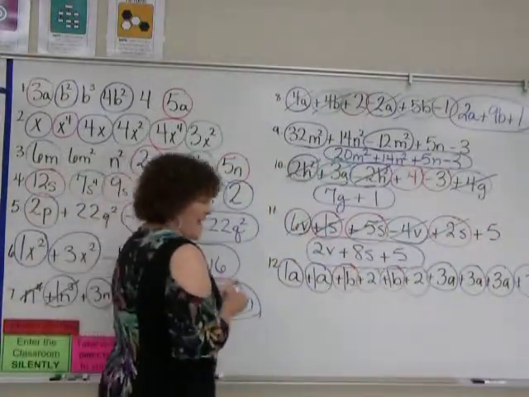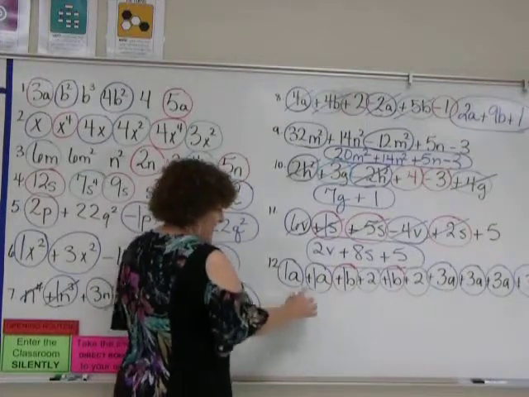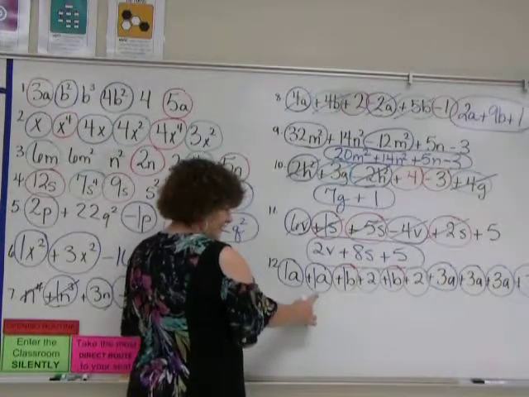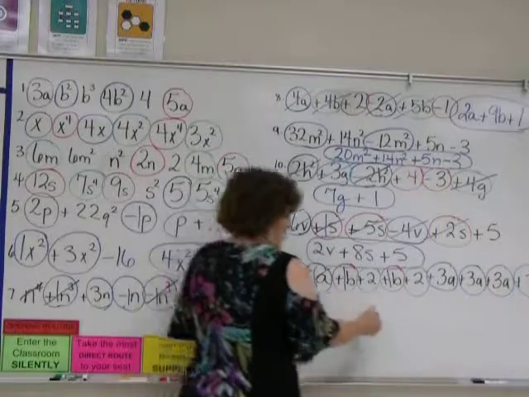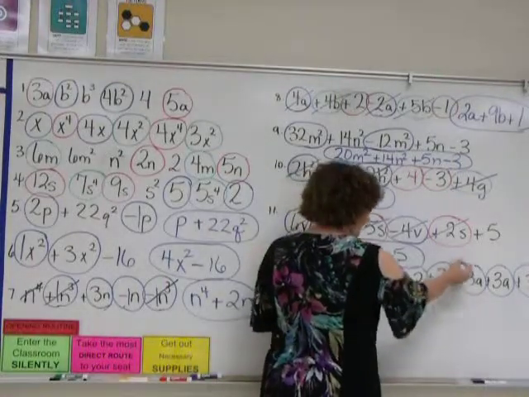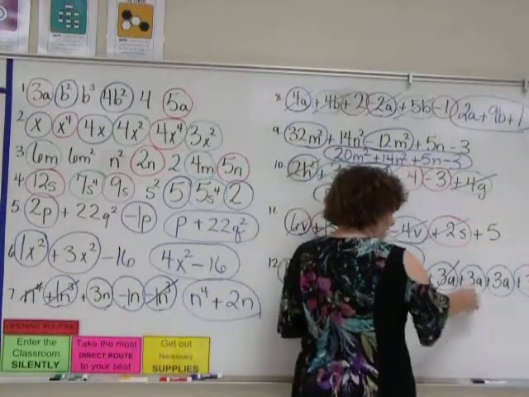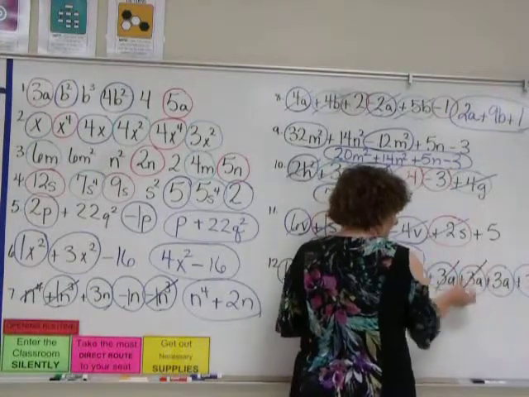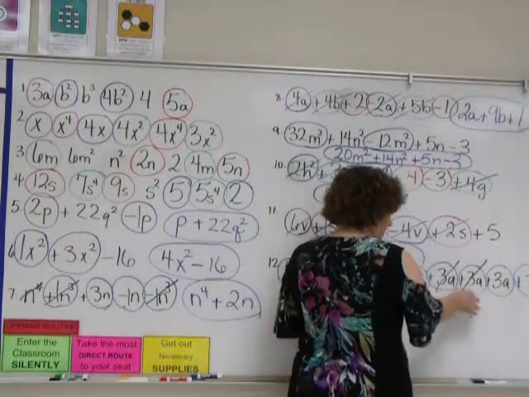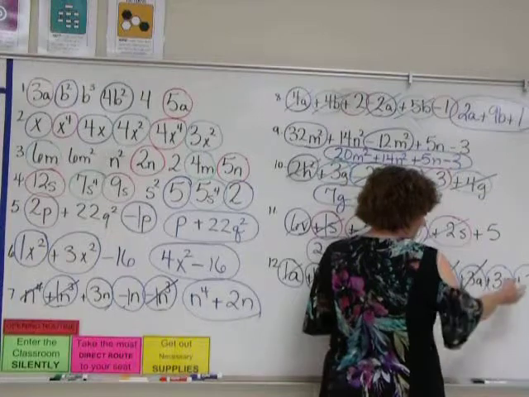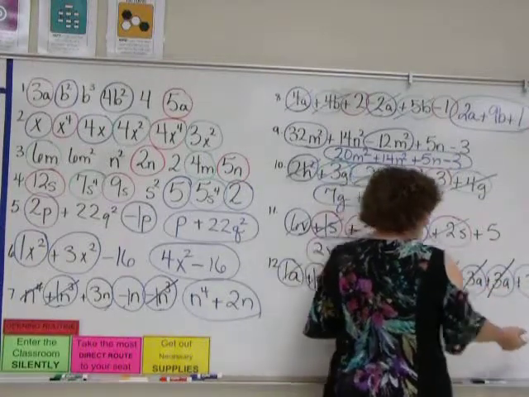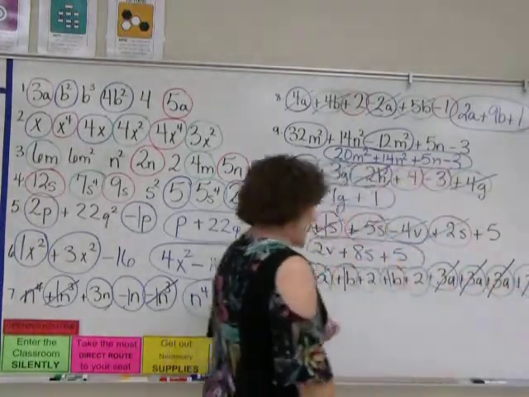So if I start with my a's, if I have 1a plus 1a, that's 2a's. 2a's plus 3a's is 5a's. 5a plus 3a is 7a. Nope, 8a, sorry. 8a plus 3, 11a. Plus 3 more is 14a.